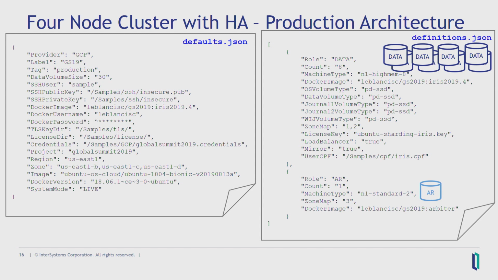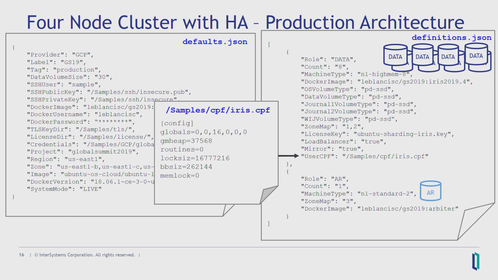This zone map is what tells it the various zones for the mirror configuration. It's basically just saying use one zone for the 4 main nodes and a second zone for all the mirrors. Load balancer true: we want a load balancer over this cluster. Mirror true: we want this to be mirrored into a different zone. And then I can define this user CPF, so this is that diff file.